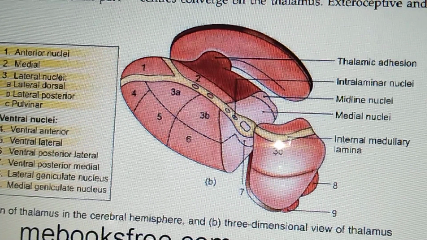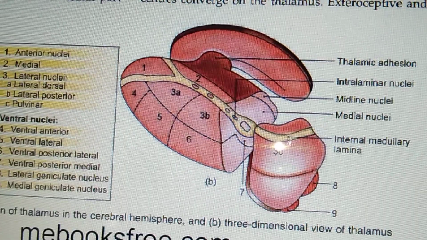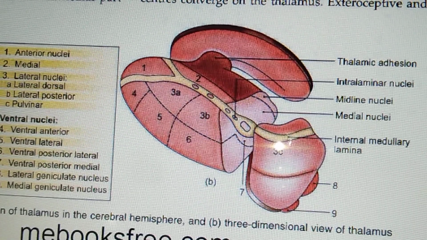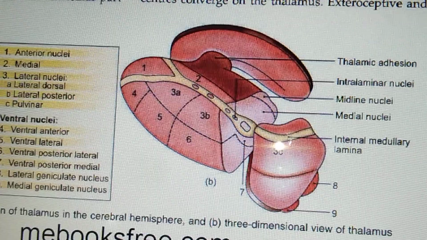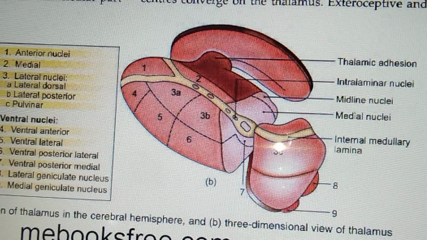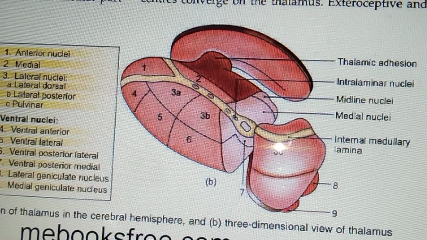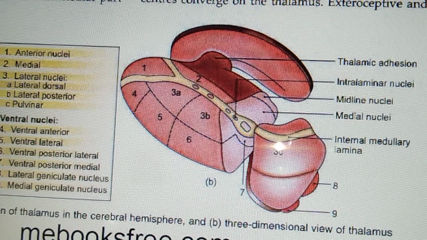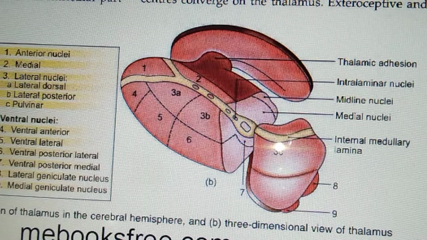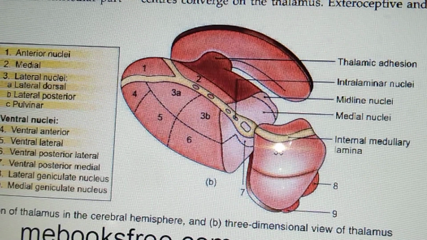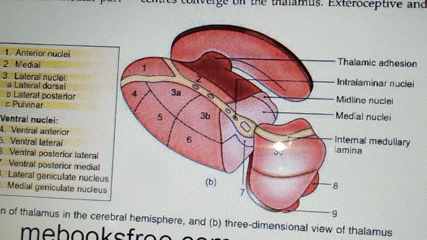The thalamus is therefore regarded as a great integrating center where information from all the sources is brought together, right? So it is the main integrating center of the brain where information from all the different parts of the body comes to the thalamus and is integrated here, right?